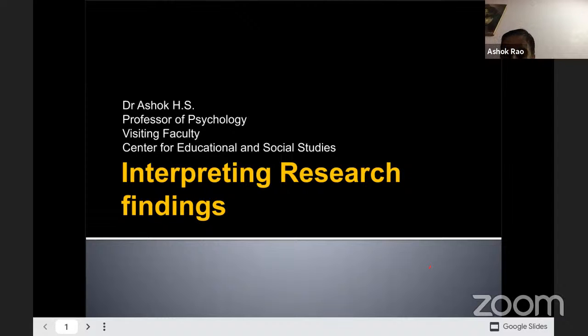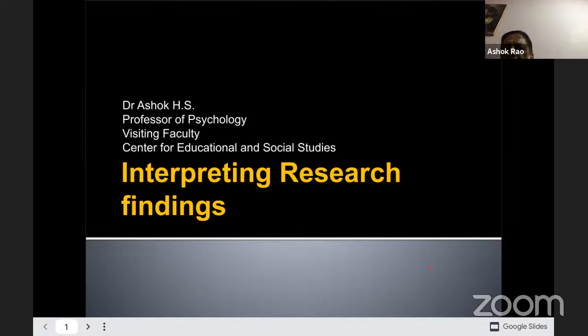The first focus should be on the research question. The primary focus of your interpretation should be on the research question which you have. That is an important factor.